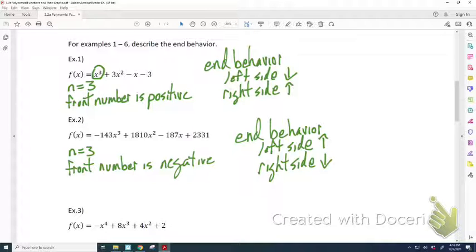All right, number 3, a different one. We have a different n finally. N is 4 this time. 4 is the largest exponent. Front number is negative. So let's write our end behavior.